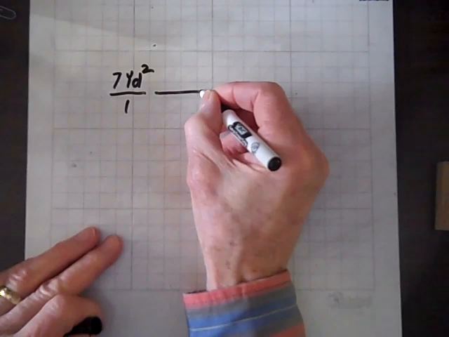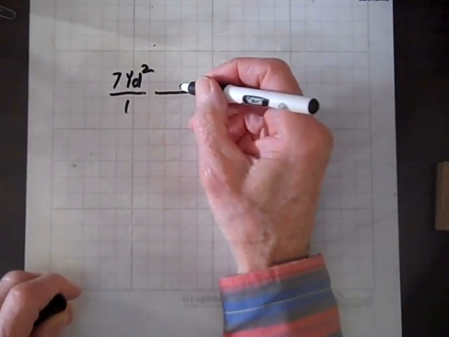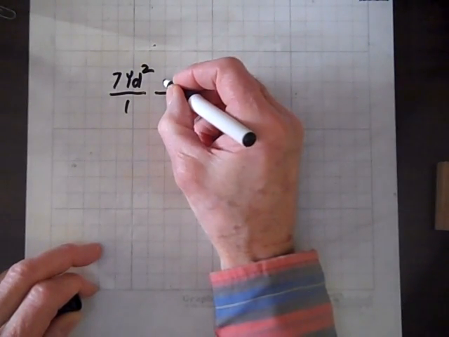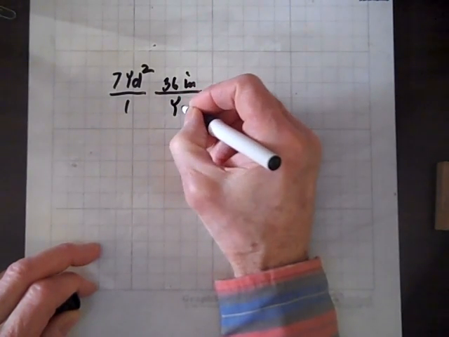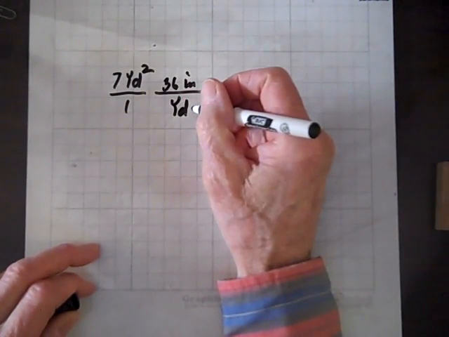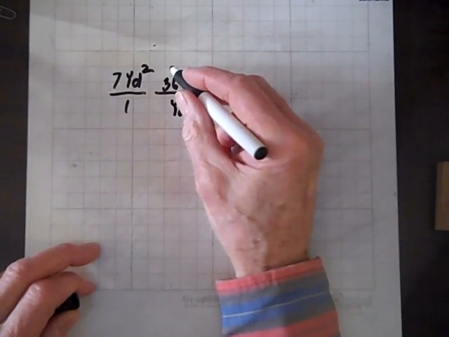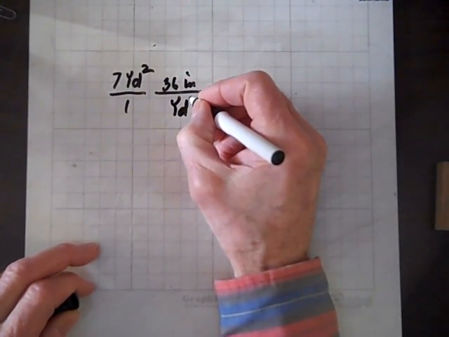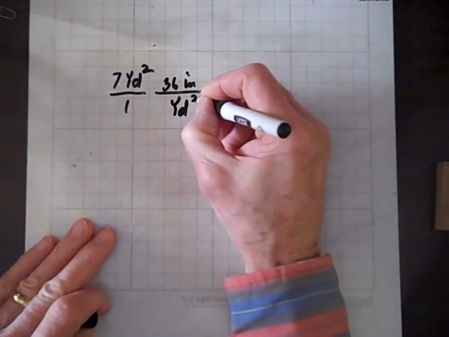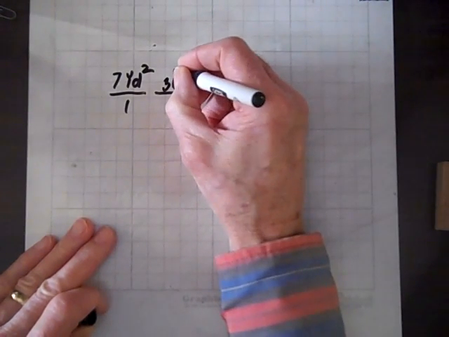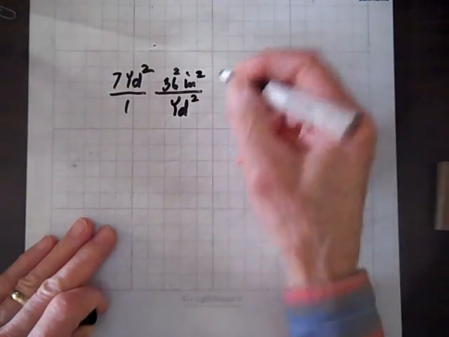Now, the unit multiplier relative to yards and inches is 36 inches in a yard. But we need square yards, so we have to square all of this. If we square one component, everything gets squared. So squared, squared, and 36 squared.